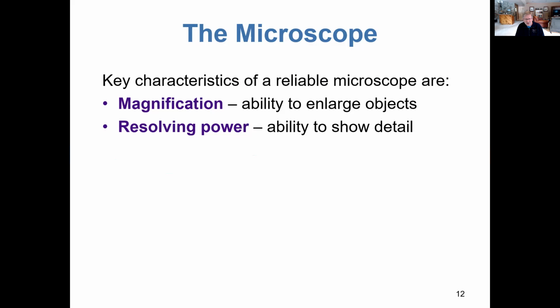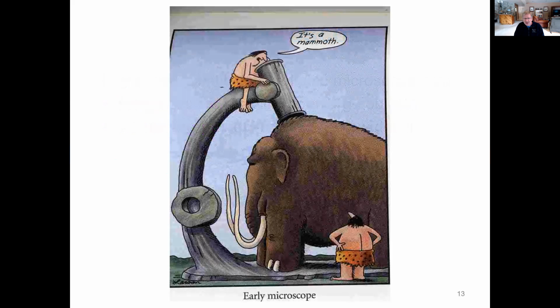The goal is to, of course, magnify and see structures, but also to have good resolution. The ability to see detail is critical when looking at bacteria, for example. Here's another Gary Larson cartoon. Yes, microscopes were big back in the Stone Age. See those woolly mammoths?